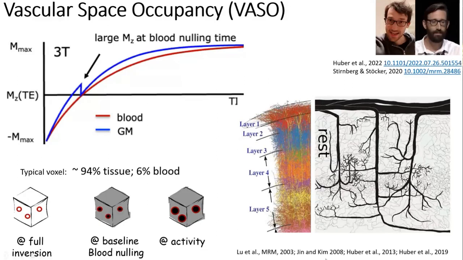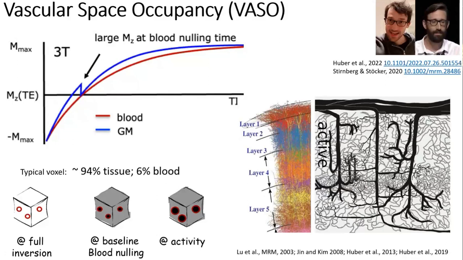Basically, we start with a 180 degree inversion pulse, and we rely on the fact that gray matter and blood have different T1 timings, which means we start with this inversion and then we let the magnetization relax back. The gray matter will relax at a faster rate compared to the blood.